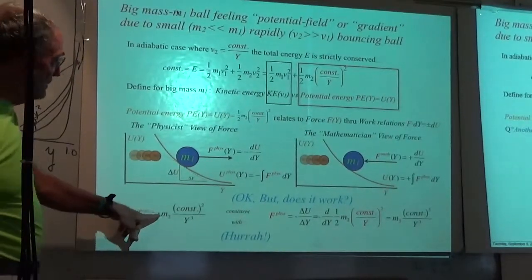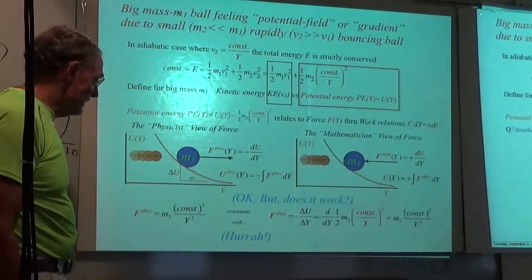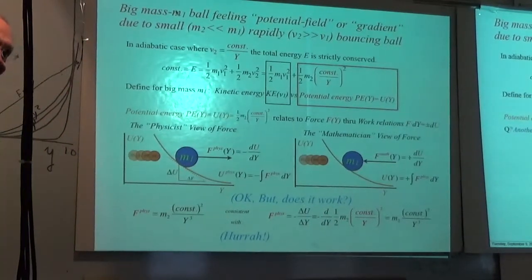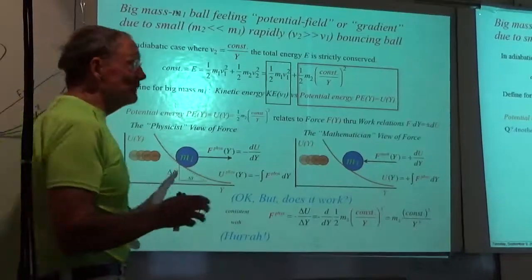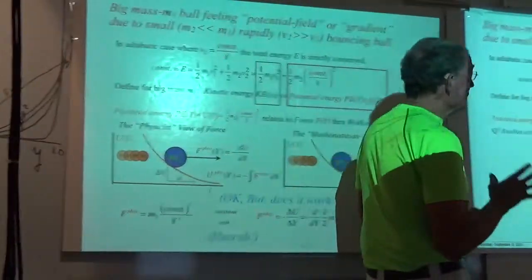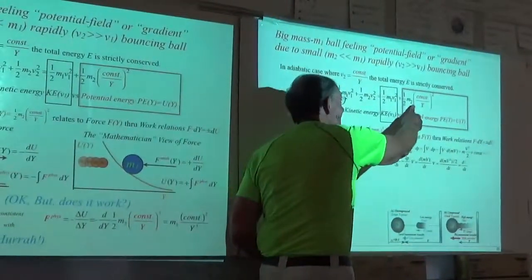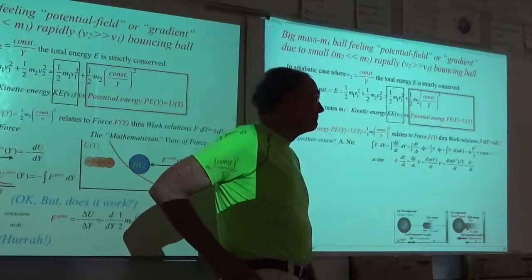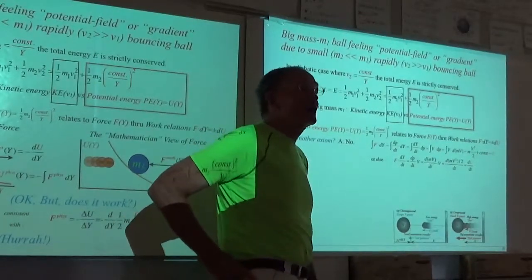Here's the physicist force. Wait, can we go back to the definition? What was our definition of potential? The definition, don't forget that, is, thank you, Brett, the definition of a potential is the kinetic energy of that little M2 that's causing the force.